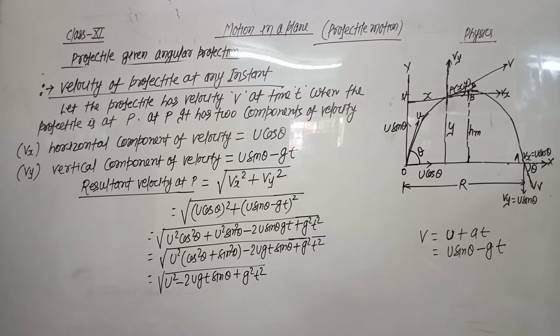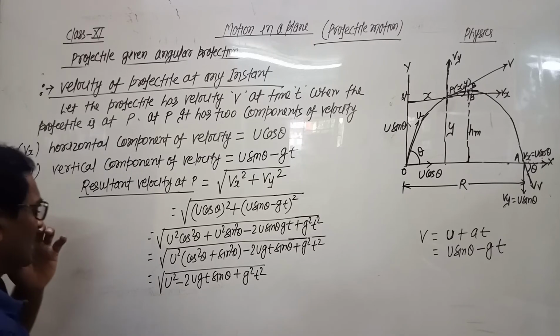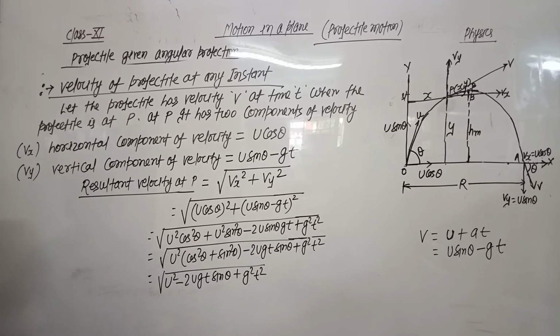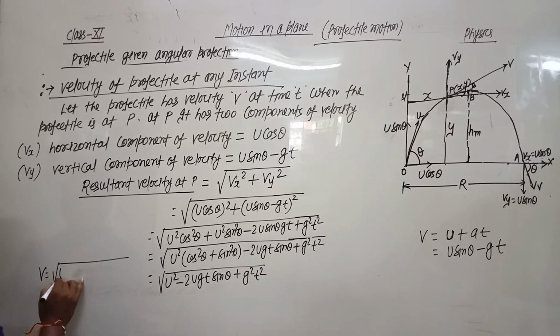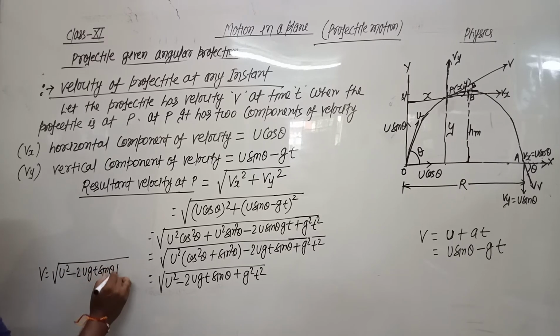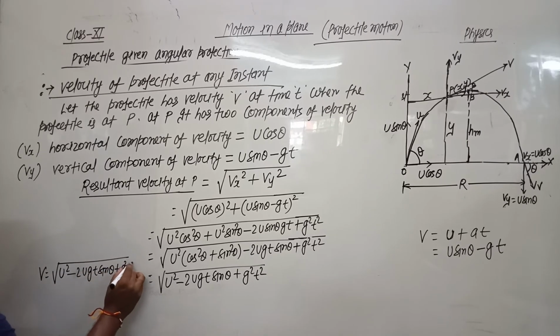This is the resultant velocity at point P, written as V equals under root of u square minus 2u gt sin theta plus g square t square.